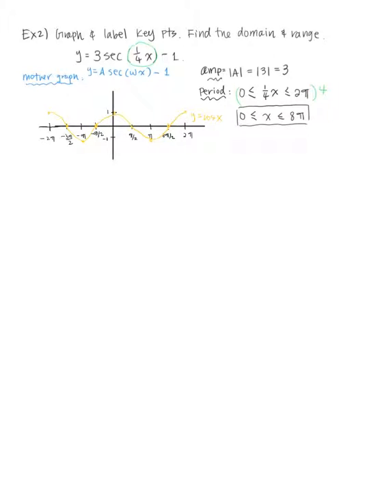So at the maximum and minimum points, all you have to do is just flip it. So it looks like we're going to have vertical asymptotes.